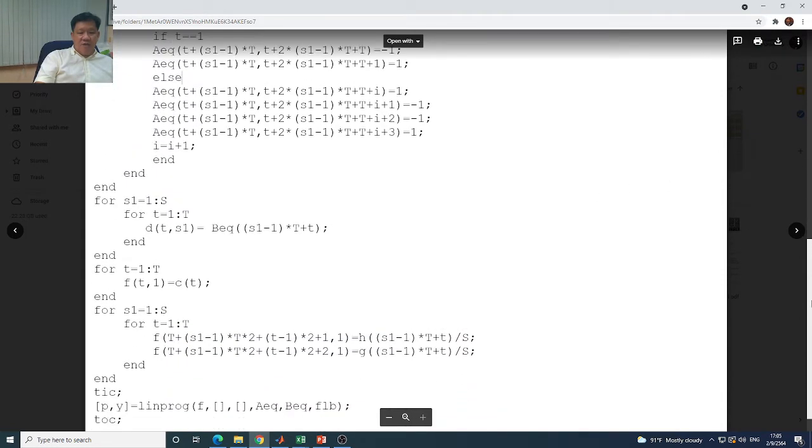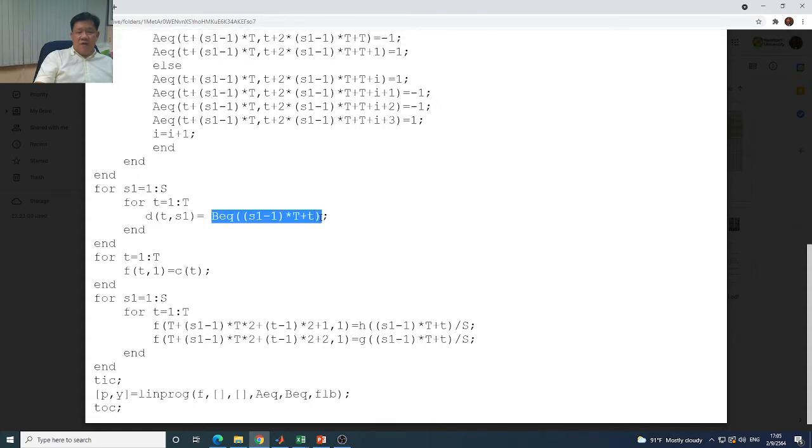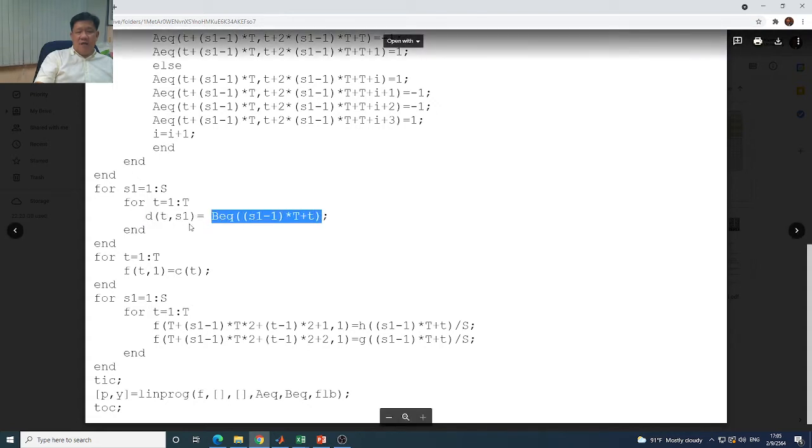Okay, and this one is also the right hand side, where we're going to use D, T of S1, as BEQ. This is a matching of D. Actually it's of no use in this program, but if you want to bring in Benders to compare after this direct solving, you can use D. It's better than using BEQ.